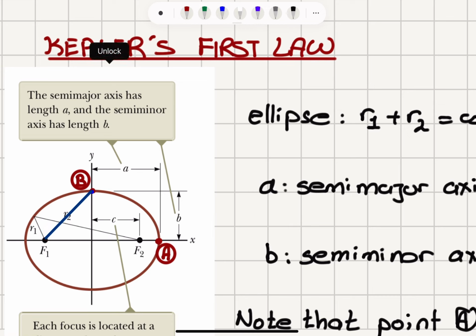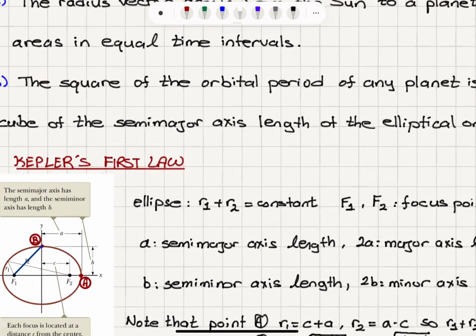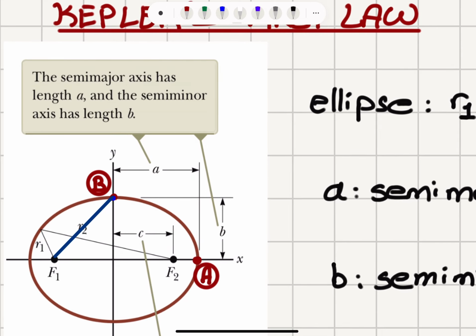So it would be b square plus c square is equal to r1 square. So r1 is square root of c square plus b square, and r2 is also square root of c square plus b square, because they are basically symmetric with respect to this point. So these two distances should be the same.